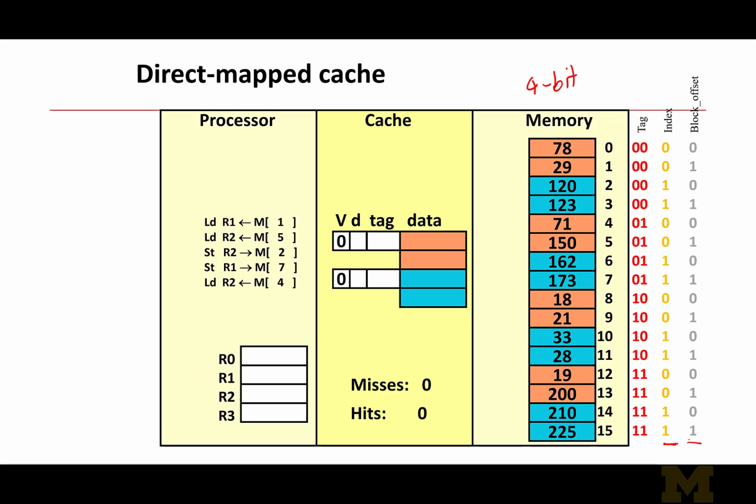We have used 1 bit for the block offset, so you see that there are 2 bytes in the block, and the remaining is going to be a tag, and so in this case there are going to be 2-bit tags. So anytime you're asked to simulate a cache like this, you would be given a reference sequence, and for every address you have to split that address into these 3 components for you to be able to understand where that cache block would be stored.